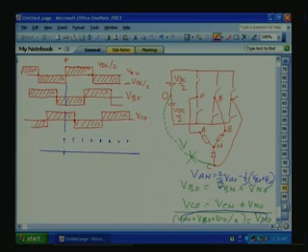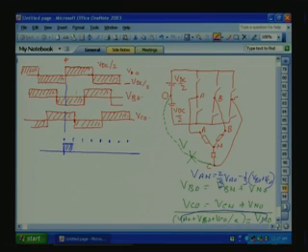So, Vdc by 2 into 2 by 3 is equal to Vdc by 3. So, here it will be Vdc by 3. Let us draw the waveform here. This amplitude is Vdc by 3 from here to here.